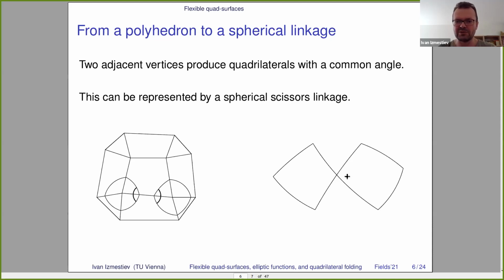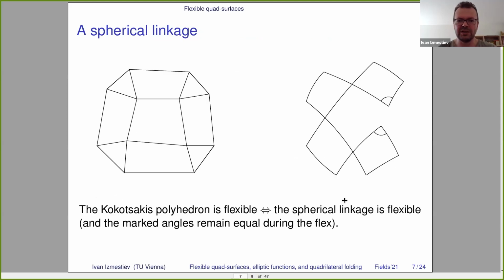This still has a one parameter family of deformations, but we must continue to the other vertices, and then we get 4 quadrilaterals which are connected consecutively as scissors. If you put this all on the same sphere, then this chain does not necessarily close.